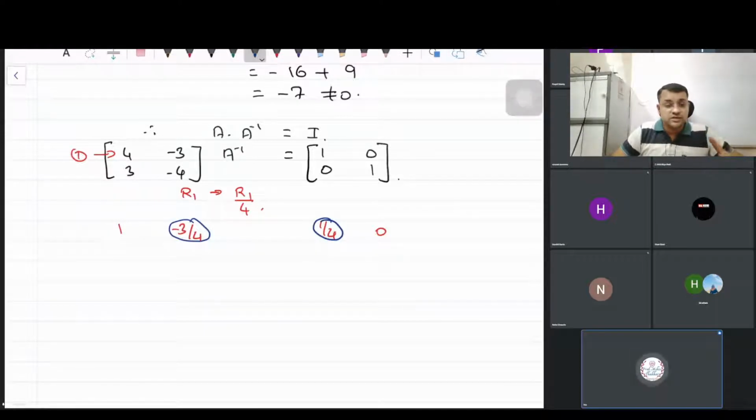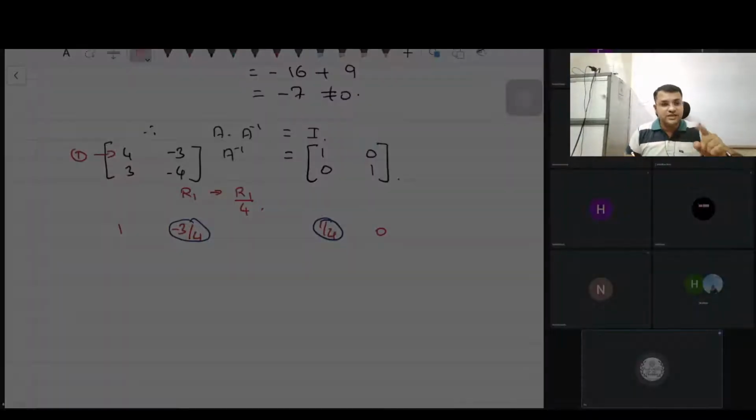There is a method to avoid the fractions in the very first step. Of course, subsequently when we are solving, we have to solve it with the help of fractions also. But in the very first step, if you want, you can definitely avoid the fraction. And let us see how I can avoid the fraction. Still, you will get the value as 1 in that particular place. So just understand this.